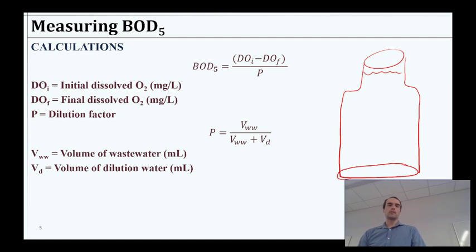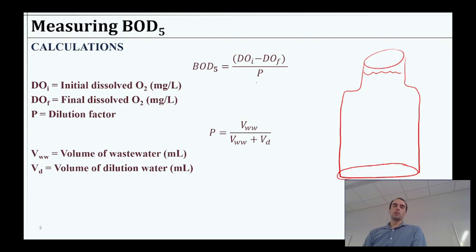So DOI meaning dissolved oxygen initial. That's going to be milligrams per liter of oxygen. We're going to take that and see how much is removed over the 5 days, right? So we have an initial and a final measurement. That's it, right? If we just had complete wastewater or whatever our sample water is, that'd be our answer. It demanded 5 milligrams per liter of oxygen.